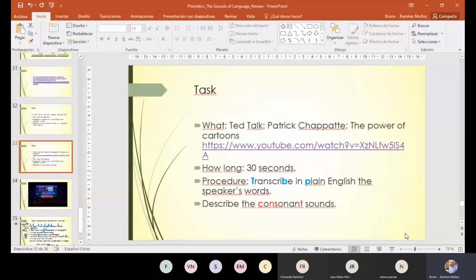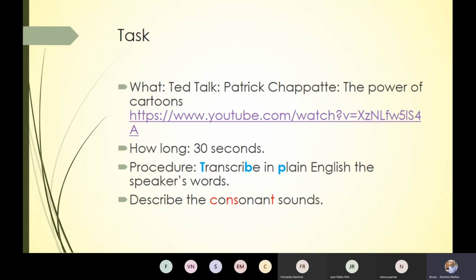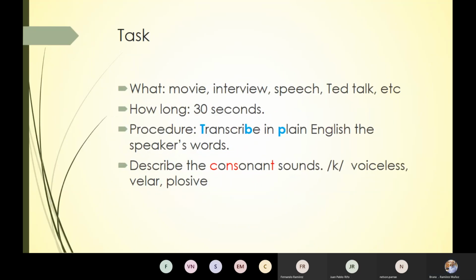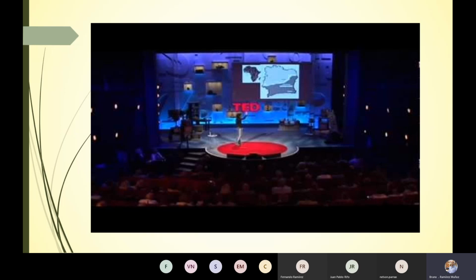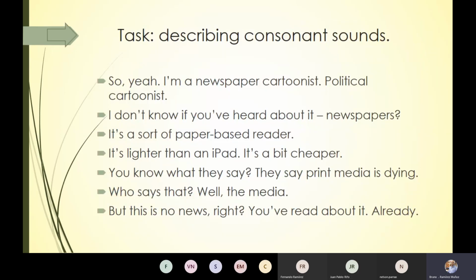I'm thinking about this task, right? A movie or an interview or a speech or a TED talk. I don't remember if I gave you this example last class. Did I show you this example? Yes. Okay.